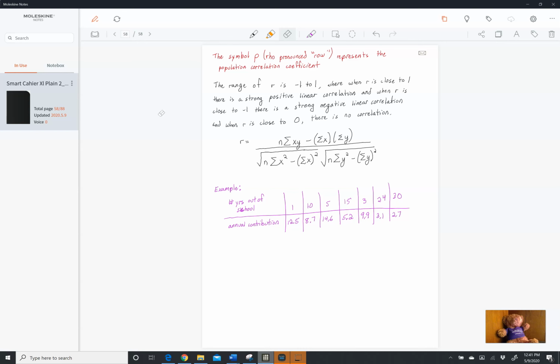And once again, over here, N is equal to sample size. Sample size is the number of pairs that you have. So here, if we count, we have 1, 2, 3, 4, 5, 6, 7 pairs. So n is equal to 7 here.